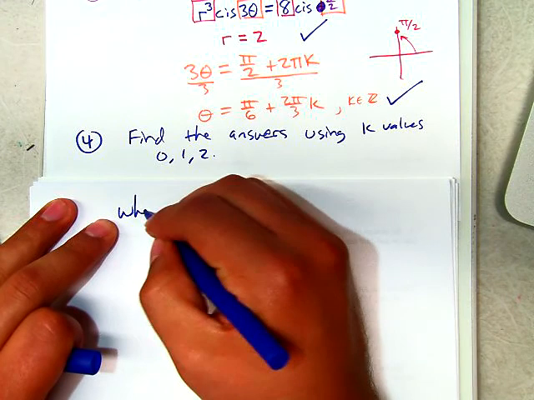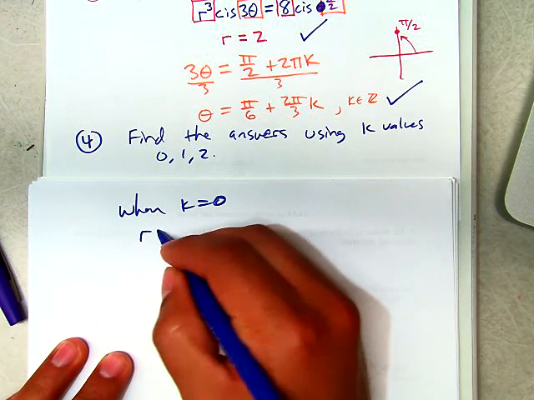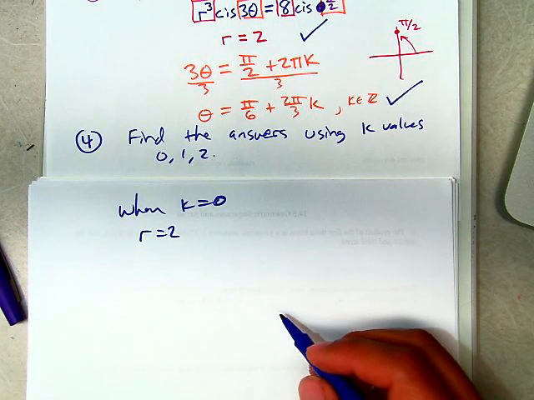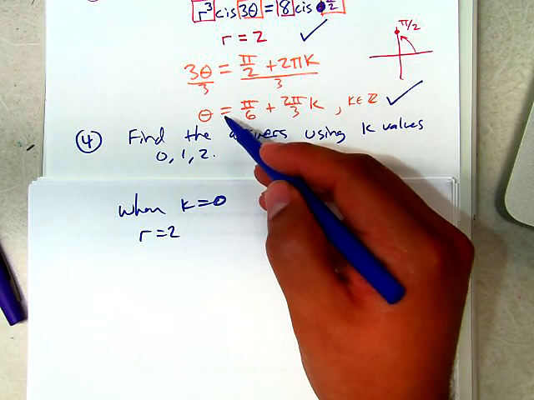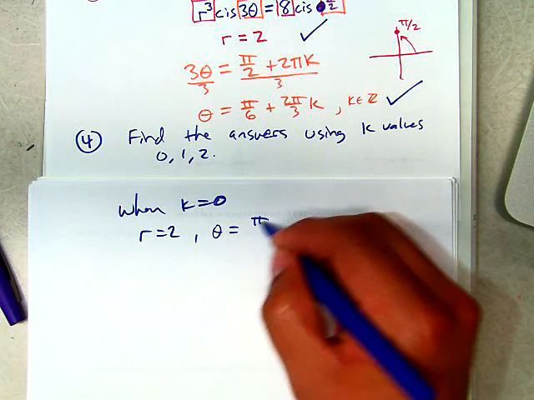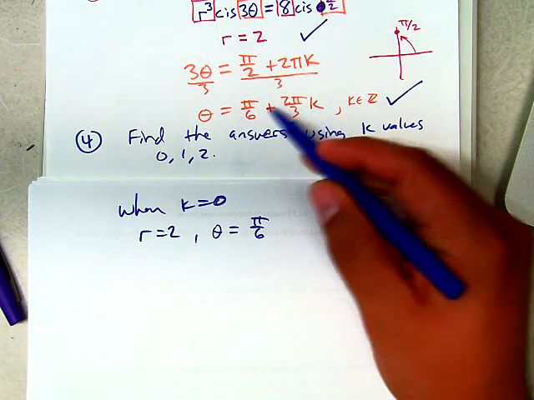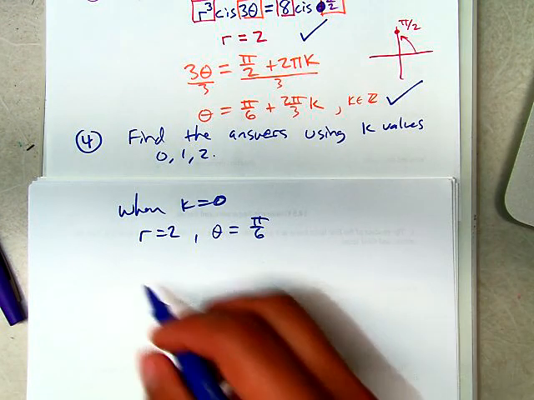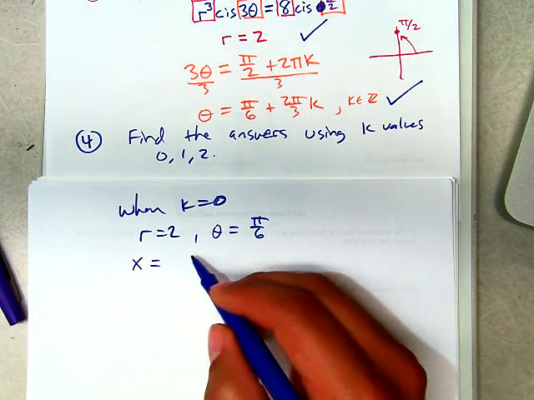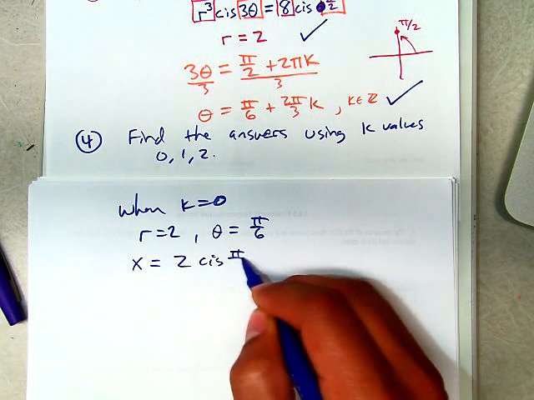When k equals 0, my radius is 2. That doesn't change. Okay? But now I'm going to use my theta equation. If I plug 0 in for k, this goes away and it's just pi over 6. So x would become 2 cis pi over 6.